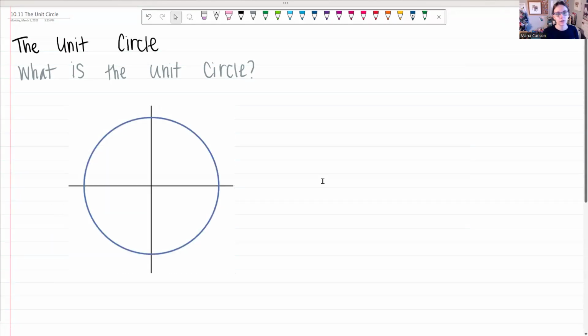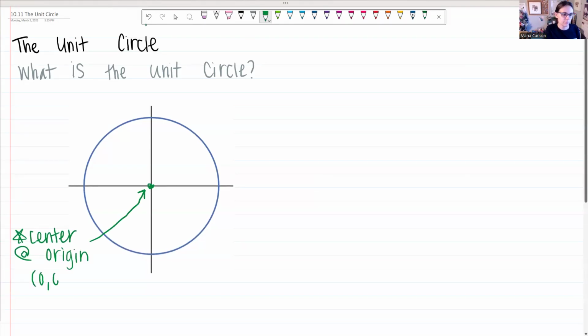So a unit circle has two key parts. The first major component of a unit circle is that the center is at the origin, which is the point (0, 0), right here. And then we have a radius.